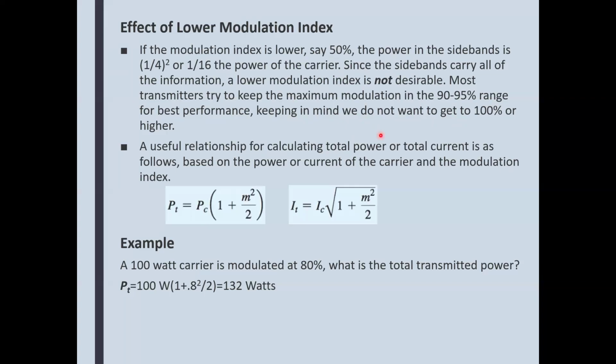Why? Because we need some headroom for transients. We need some breathing space. And over-modulating, we were able to demonstrate, results in a distorted signal and lost information.